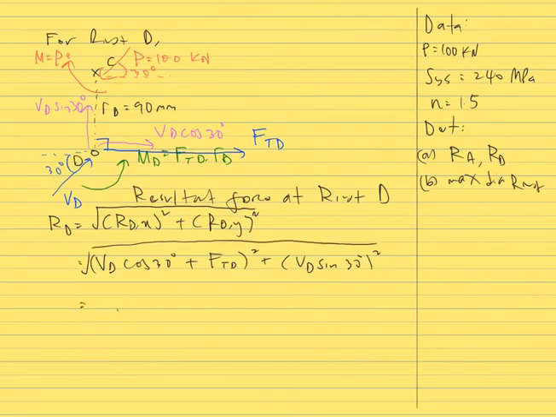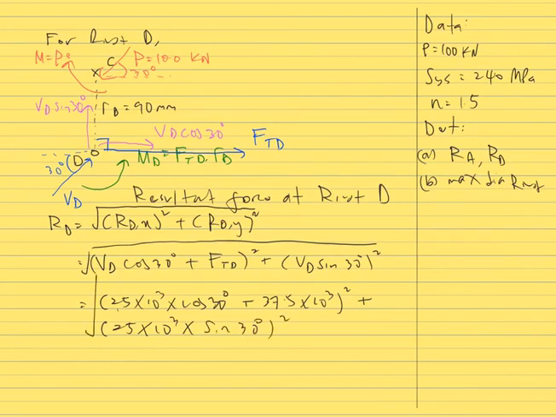So VD is equal to 25 kN times with the cos 30 degree plus FTD, which is the value is 37.5 kN, so square, plus VD, which is 25 kN times with the sin 30 degree for Y component, so square root.